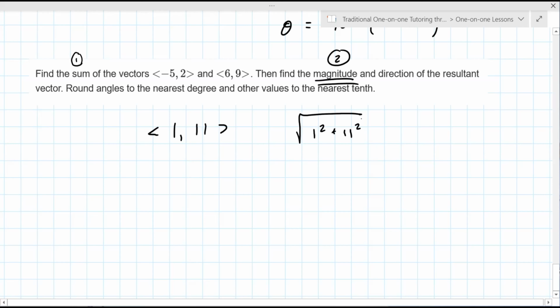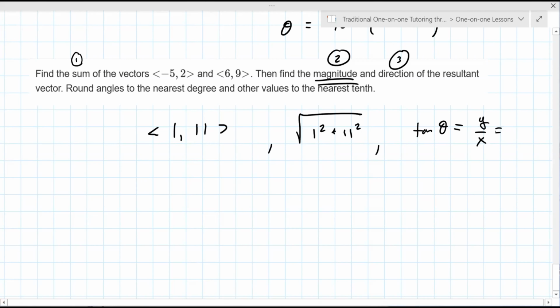Try to enter that all in one step in your calculator. 11.0. Okay. And then the direction, the tangent of theta is y over x, and that applies here.